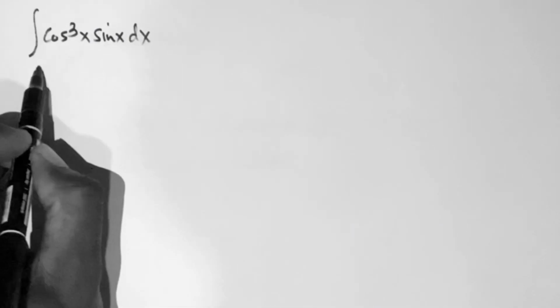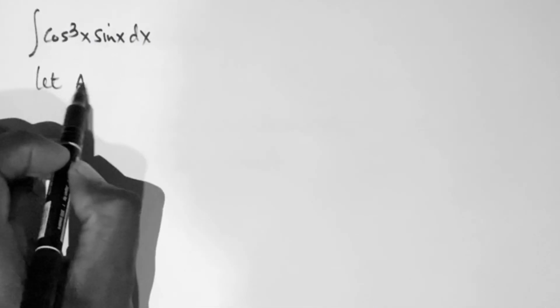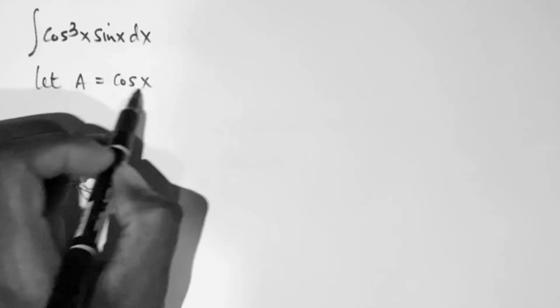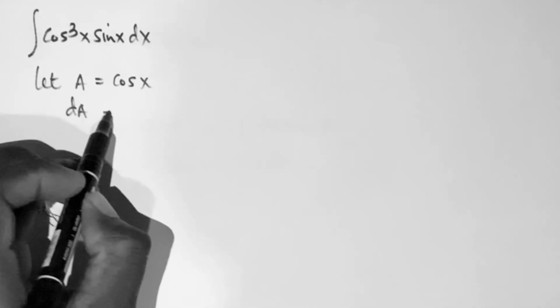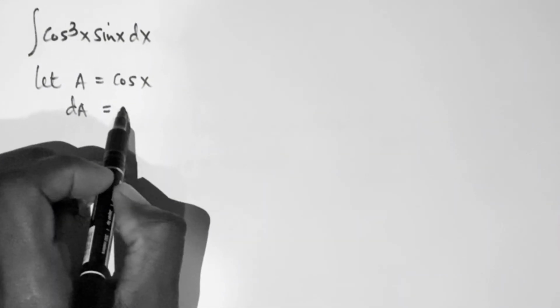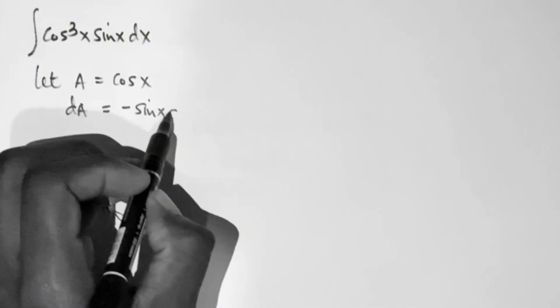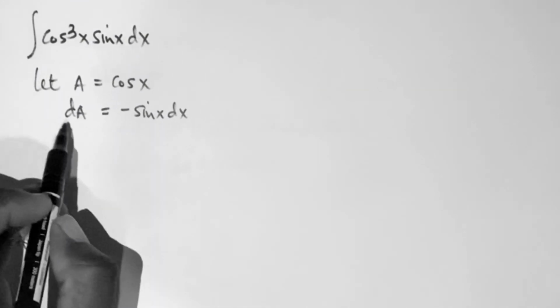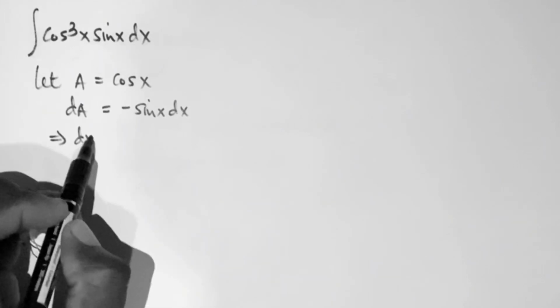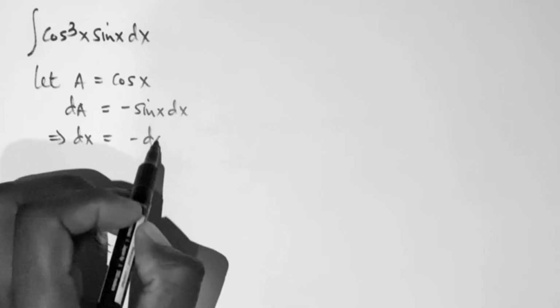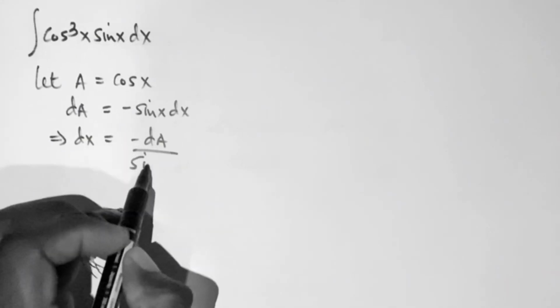So what we'll do is let a be equal to cos x. So dA is equal to minus sine x dx, which implies that dx is equal to minus dA over sine x.